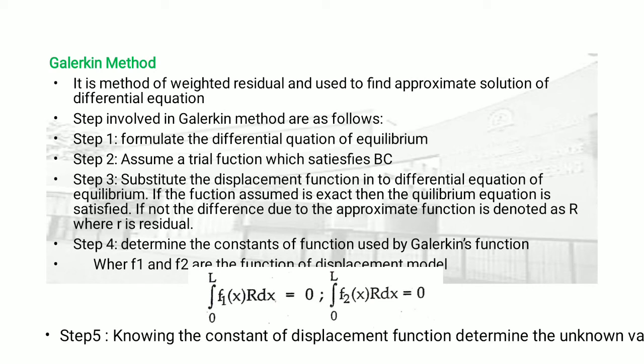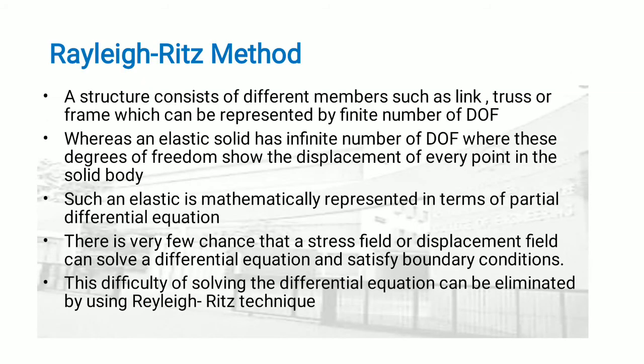Another function is f2, with limits 0 to L, R dx is equal to 0. Step number 5, knowing the constants of the displacement function, determine the unknown values. This is all about the Galerkin weighted residual approach.